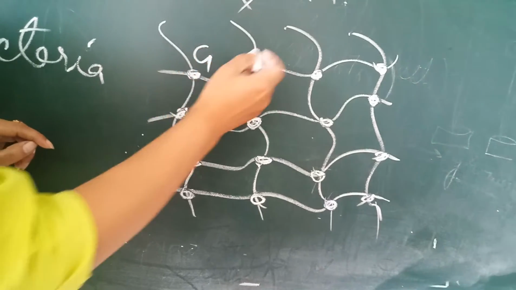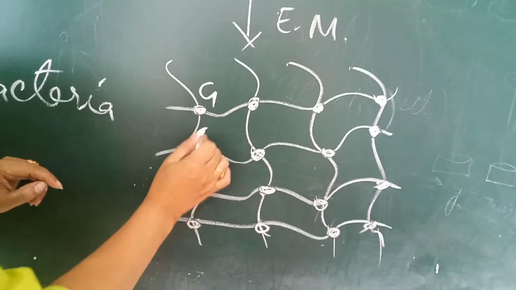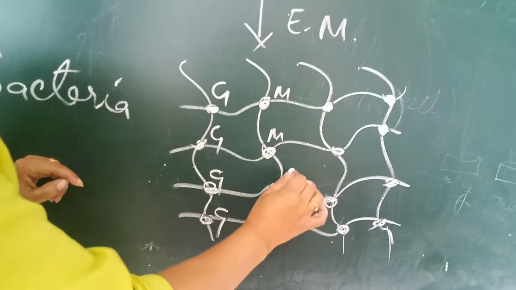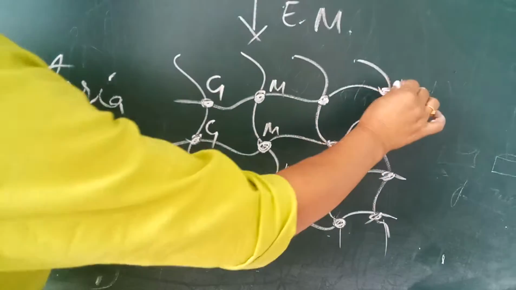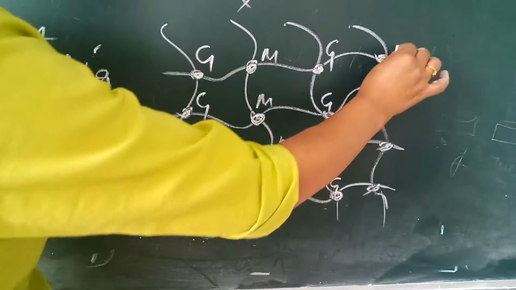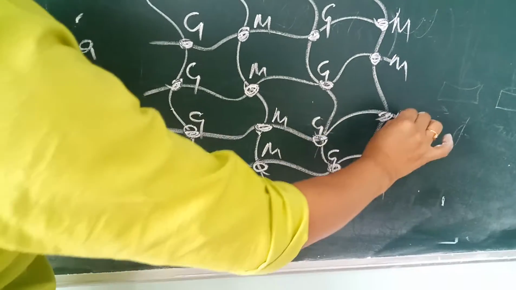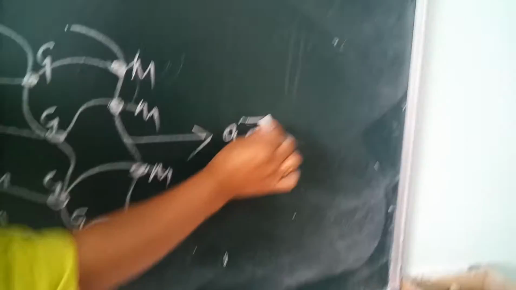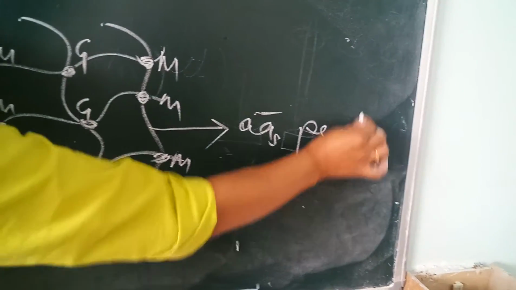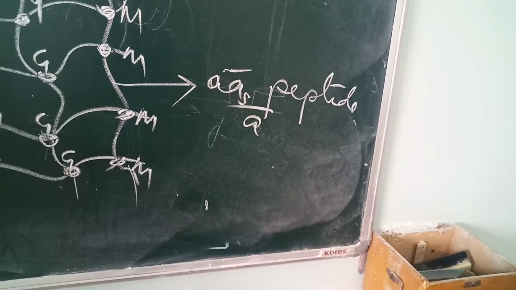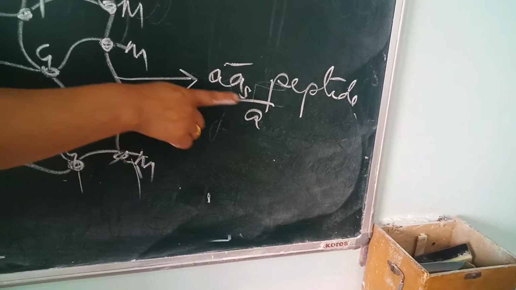This cell wall is G and M. So this is all your G and this is all your M. Then this one is your amino acid peptide chain. This is your peptide chain.